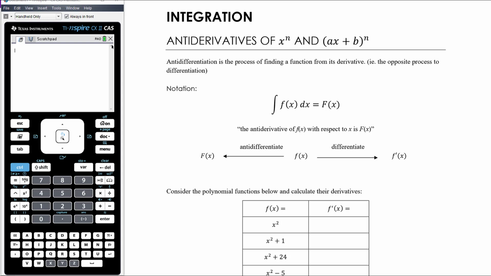So I would use that word slightly loosely, but here in Victoria, we happily call the reverse process of differentiation antidifferentiation, and we can also call that integration.